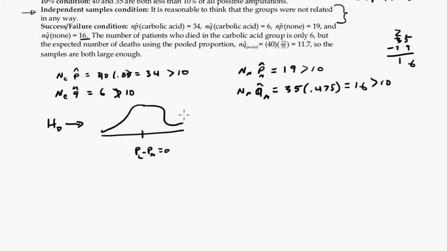And then there's an implied standard deviation, SD of p-hat C minus p-hat N. So these are all things that, because we're assuming the null is true, then this is true, which also means that if both populations are the same, then the two samples came from the same population. Okay, so what we can do is we can pool.